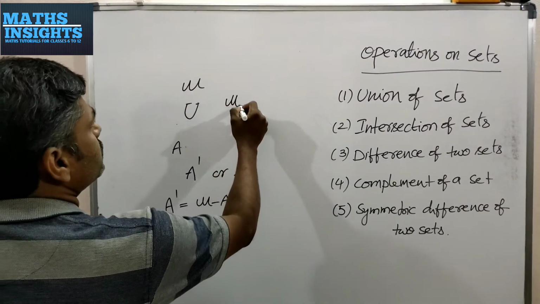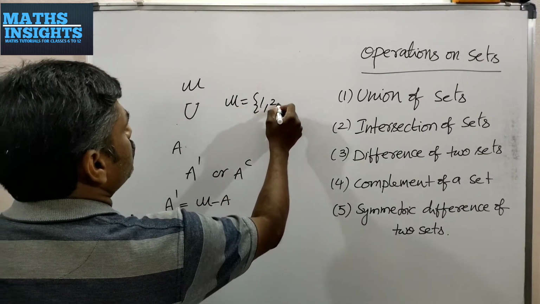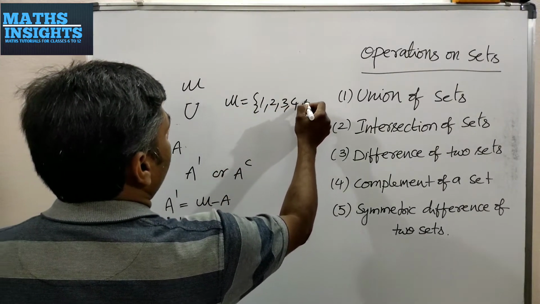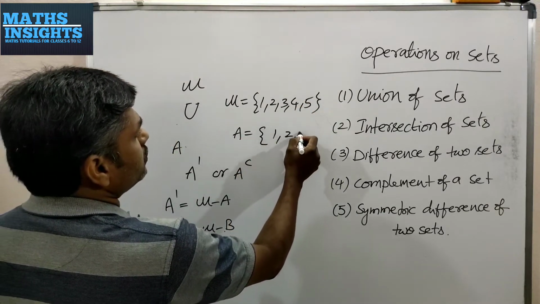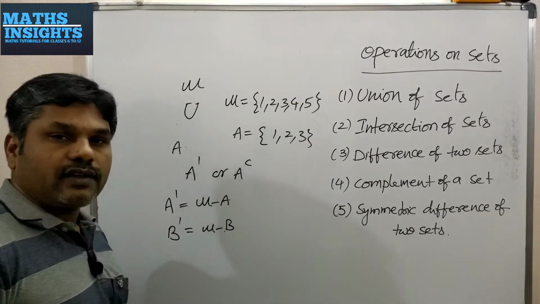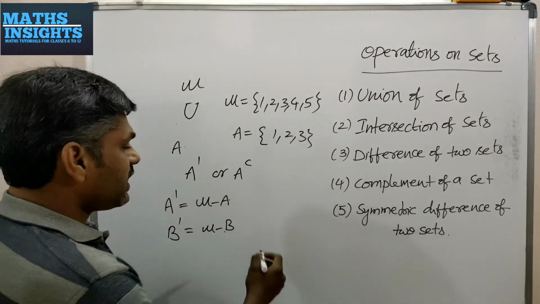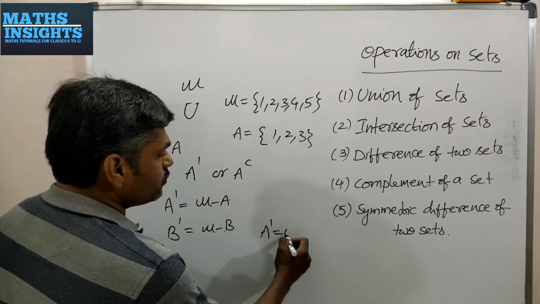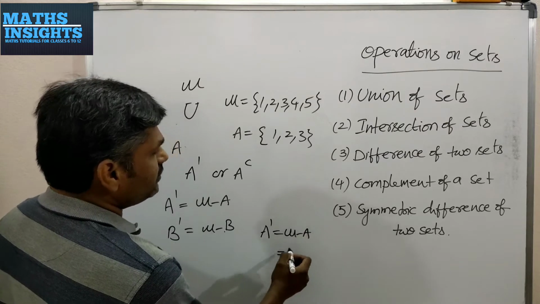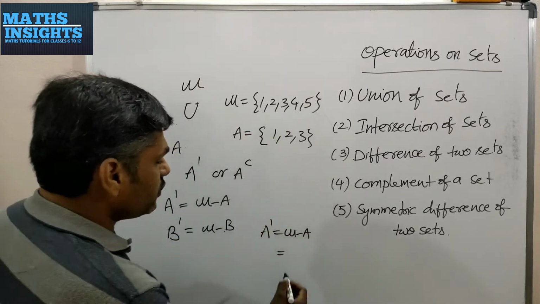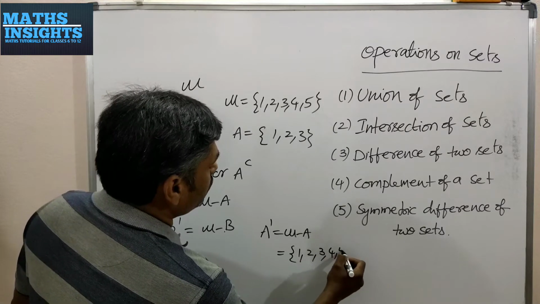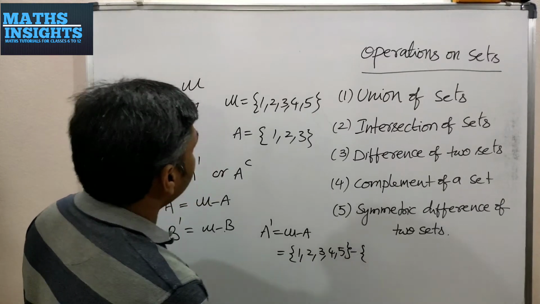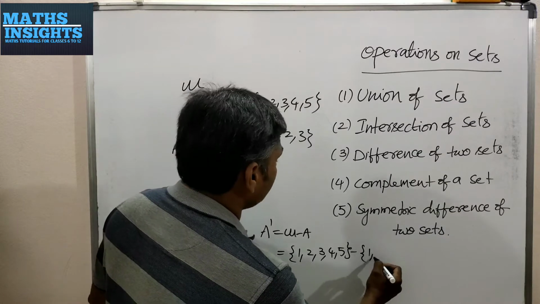Suppose mu is equals to {1, 2, 3, 4, 5} and A is equals to {1, 2, 3}. Then the complement of A is written as A dash, that is equals to mu minus A. That means you have to write the elements of mu, that is 1, 2, 3, 4, 5, minus the elements of A, that is 1, 2, 3.